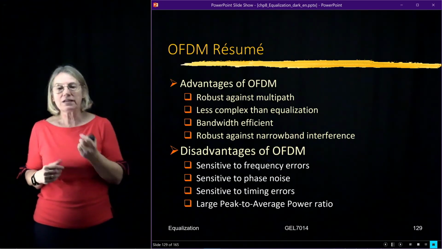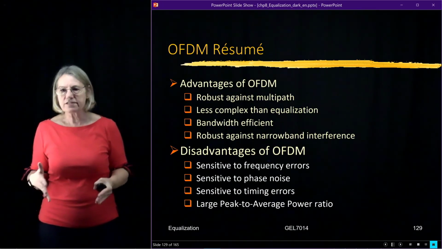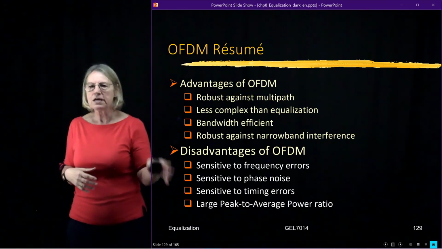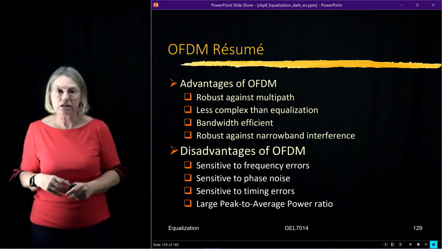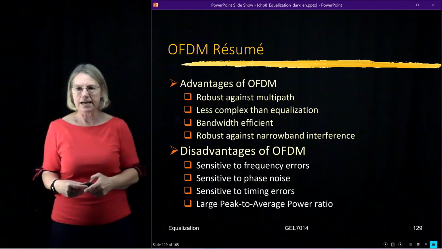Disadvantages of OFDM: it is sensitive to frequency errors, to phase noise, to timing errors. Everything's got to be lined up pretty nicely in an OFDM. So there is some sensitivity there that you have to deal with. And of course, the large peak to average power ratio is a challenge with OFDM.